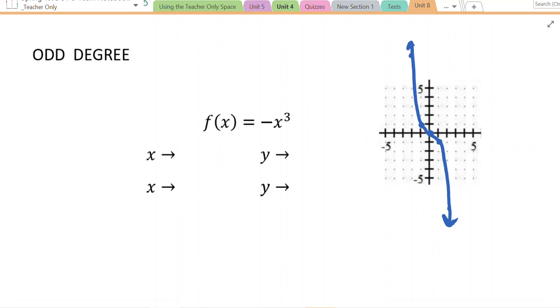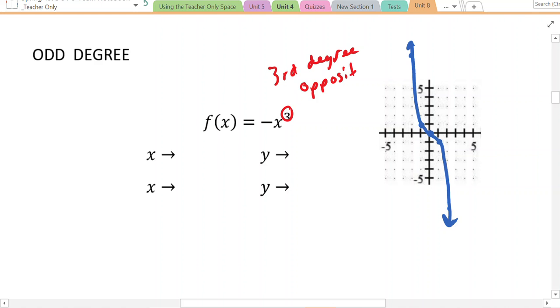Let's go through it. Third degree. If it's odd, it means they are going in opposite directions. As x goes to negative infinity, y is going to infinity. As x goes to infinity, y is going to negative infinity.